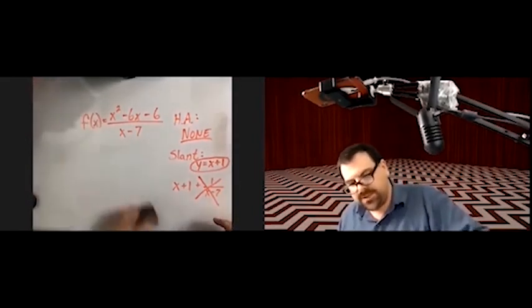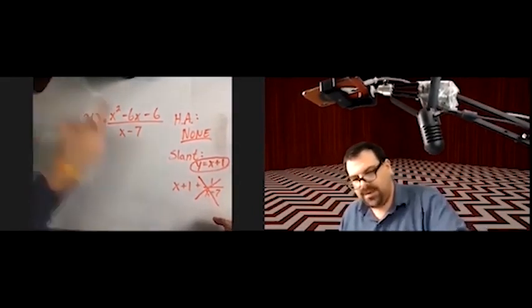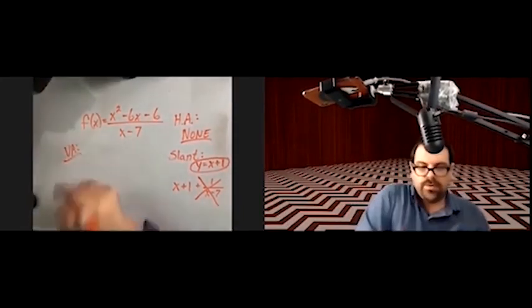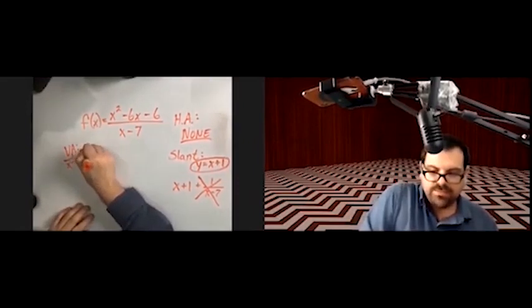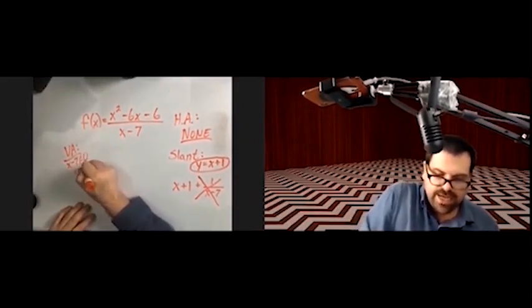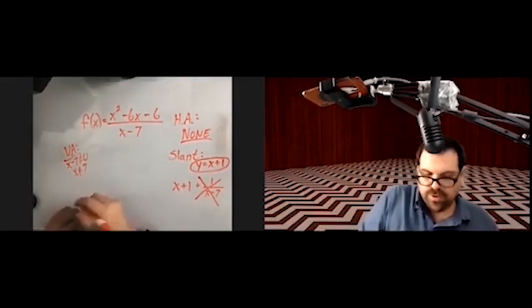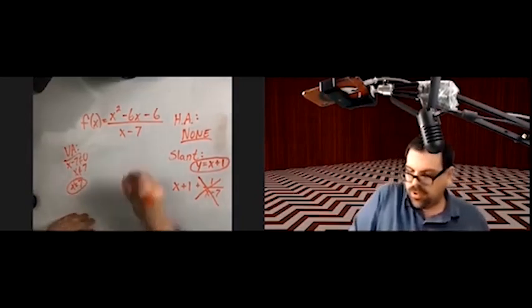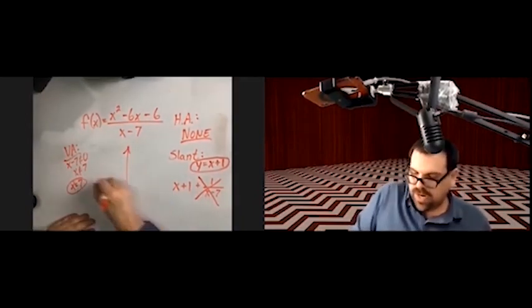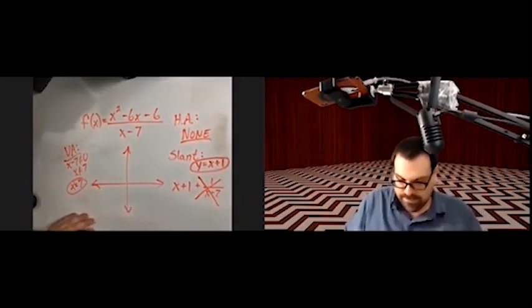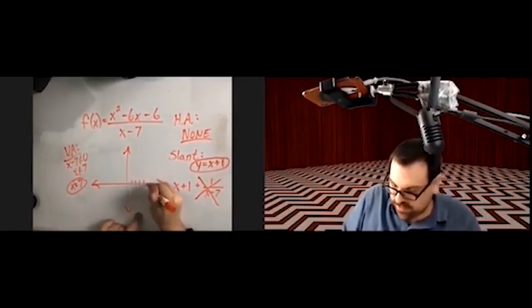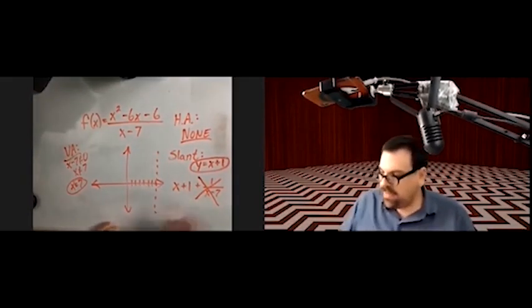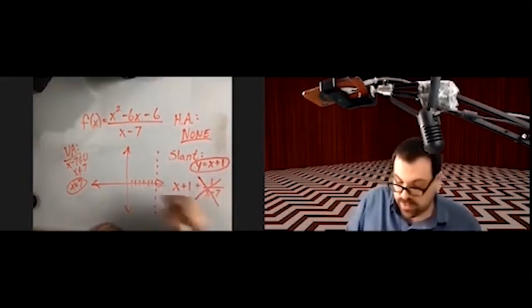What would be the vertical asymptote? Vertical asymptote, x minus 7 couldn't be 0, so x can't be positive 7. Vertical asymptote of x equals 7. So if we graphed these asymptotes, x equals 1, 2, 3, 4, 5, 6, 7, and then y equals x plus 1.